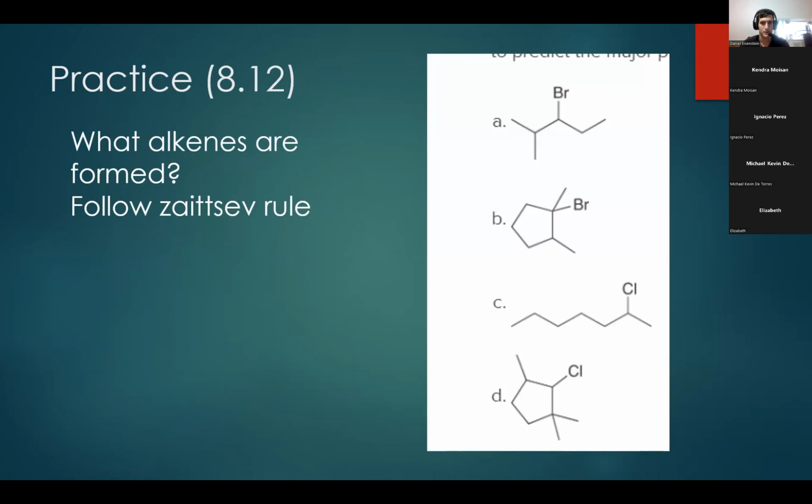For A, do I put the double bond in black or blue?